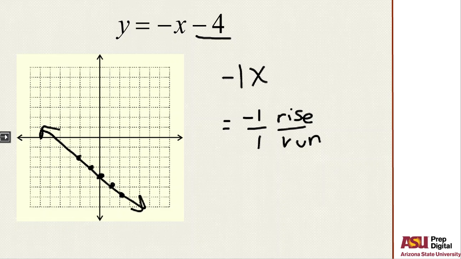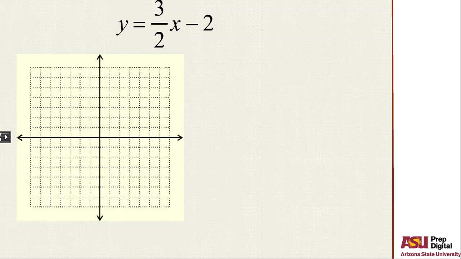And for my last one, y equals 3 over 2x minus 2. I'm going to start at the y-intercept, which is a negative here, -2. And then for this slope, it's a lot easier to see what the change is.